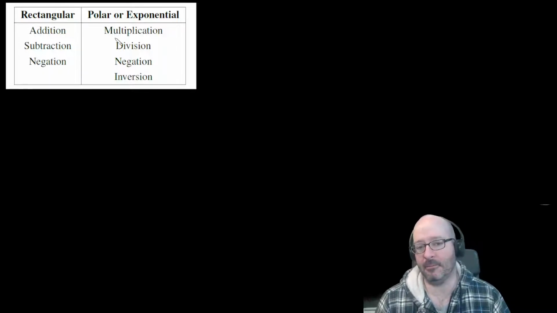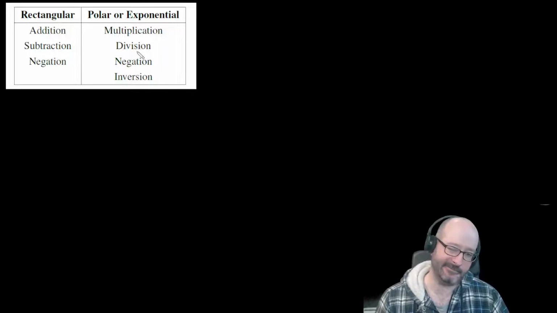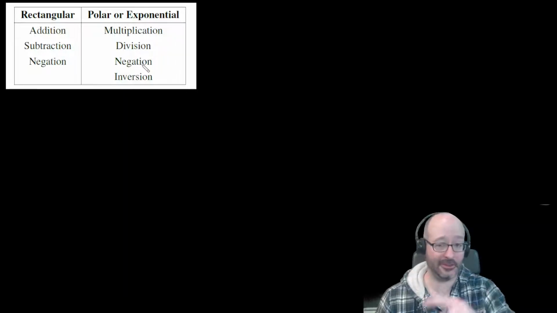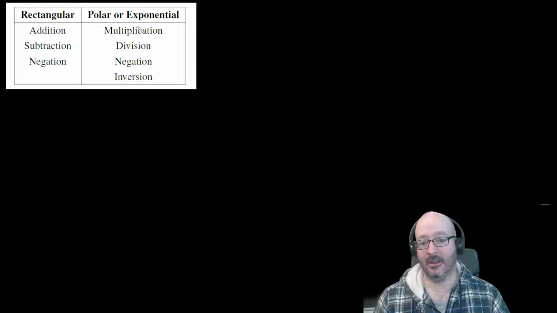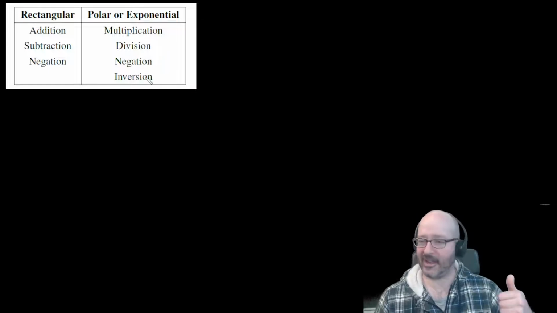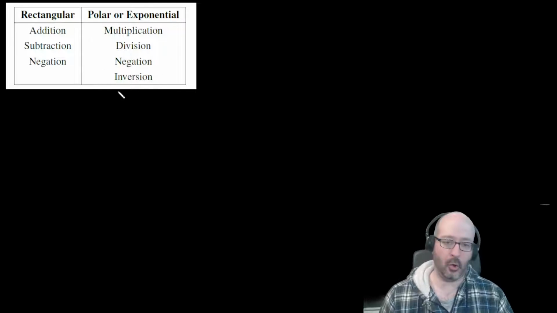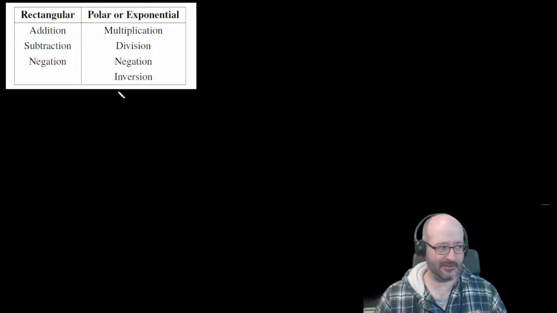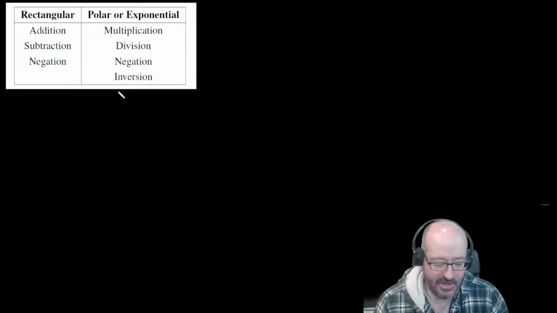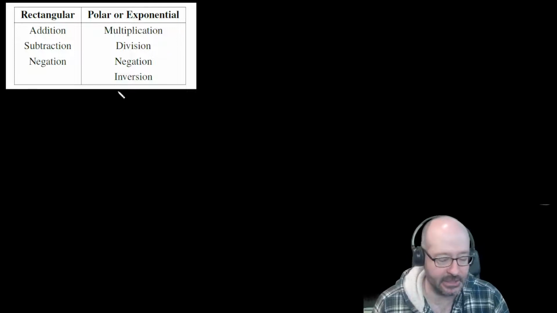If I'm multiplying or dividing or negating, I can also, oh, hey, look, that one's on both sides. Okay. Or inverting a number, so that's doing 1 over that number, I find that's much easier in polar.